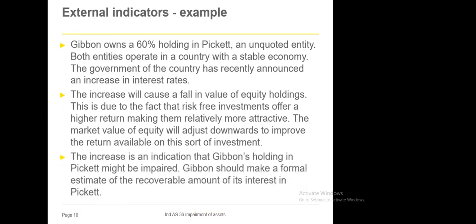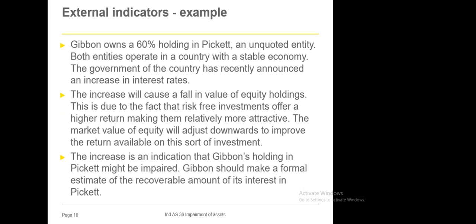Yes, let's understand the external indicator with the help of an example. So Gibbon owns a 60% holding in Pickett, an unquoted entity. Both entities operate in a country with a stable economy. The government of the country has recently announced an increase in the interest rate. The increase will cause a fall in value of equity holding.